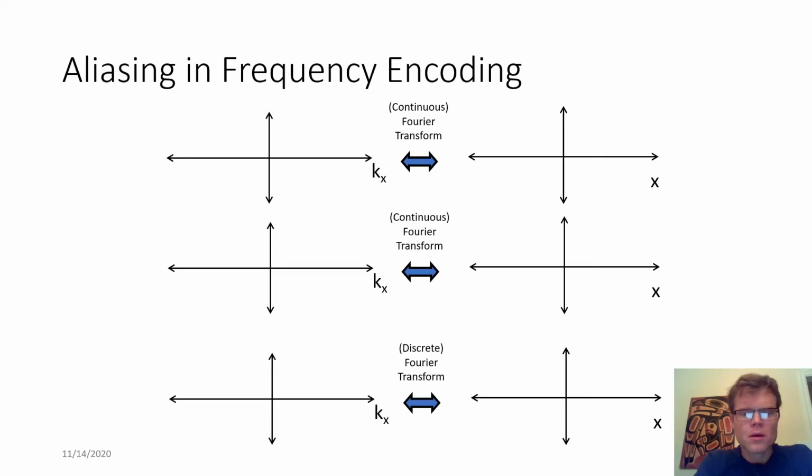Now, using this perspective, I want to revisit this concept of aliasing in the frequency encoding direction and what can happen here. The key thing is to remember that a frequency encoding signal is a signal that's acquired in time.